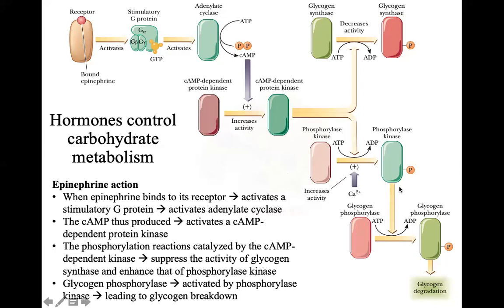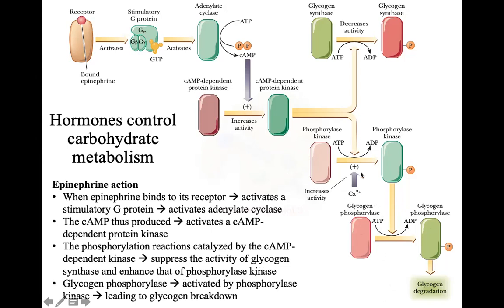And after that, you have the phosphorylase kinase with the phosphate group attached. Once you have the activated phosphorylase kinase, this enzyme can catalyze the formation of the glycogen phosphorylase. And at the same time, they can convert the ATP to ADP.